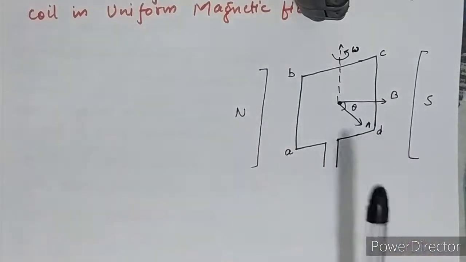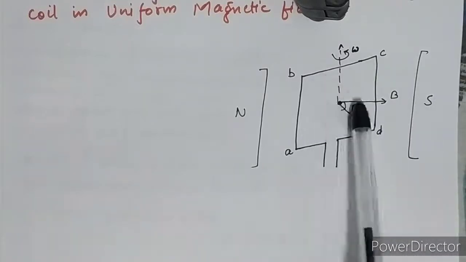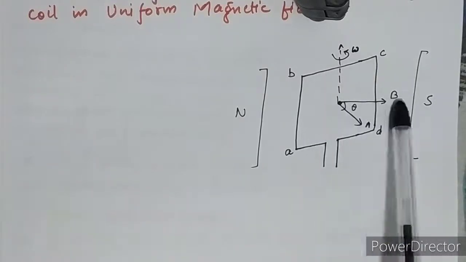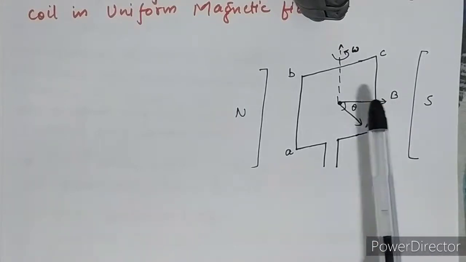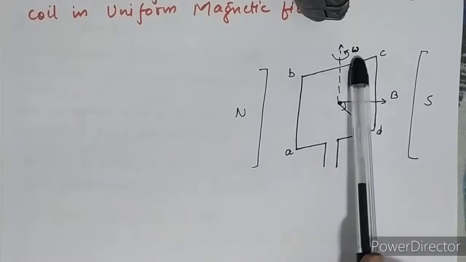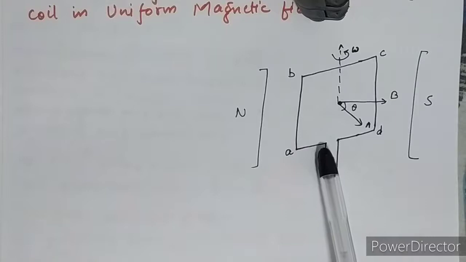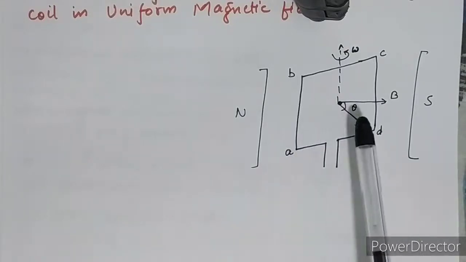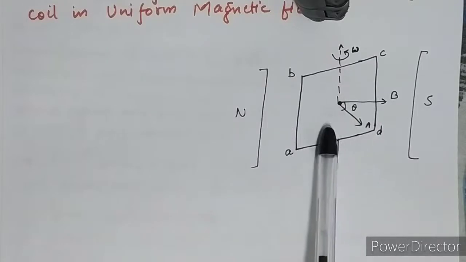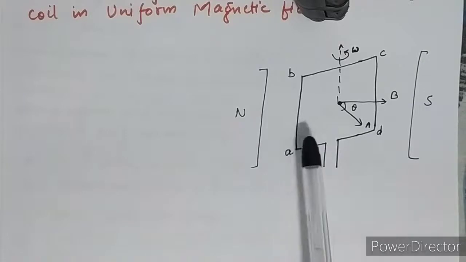Okay, so the rectangular coil ABCD is placed in a uniform magnetic field such that its axis of rotation is perpendicular to the magnetic field. When the coil rotates with angular velocity omega, the angle between the plane of the coil and the direction of the magnetic field changes continuously, and hence the magnetic flux associated with the coil also varies with time and produces the induced EMF in the coil.